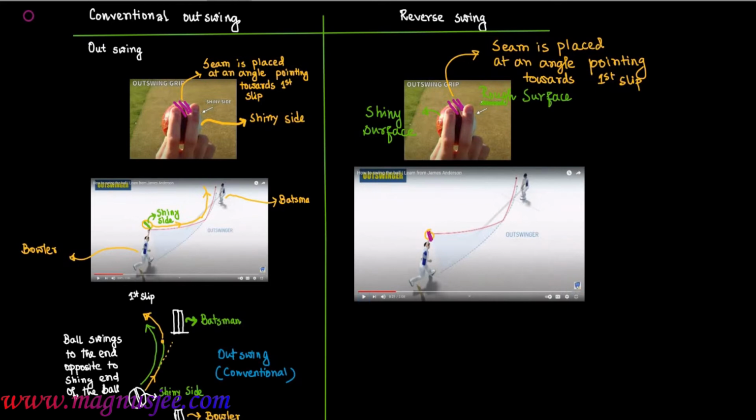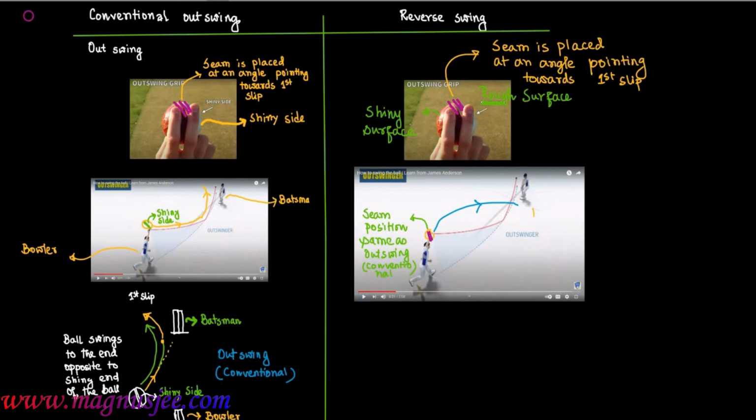For reverse swing, the seam position is the same as the conventional outswing, but the ball will swing in the opposite direction with respect to the seam position. The seam is pointing towards the first slip and the ball swings towards the batsman.